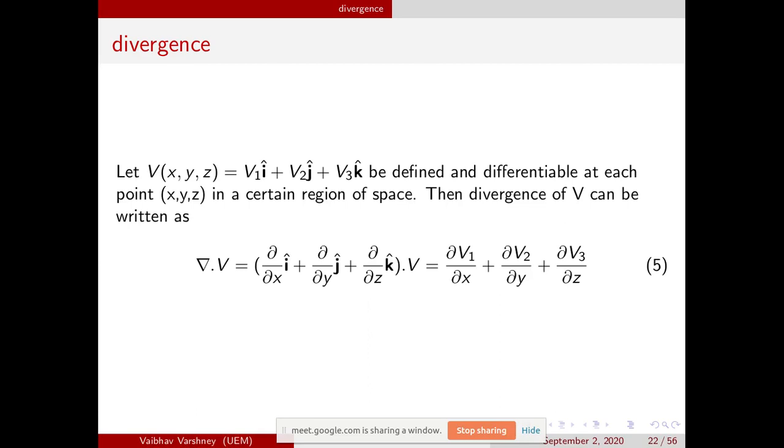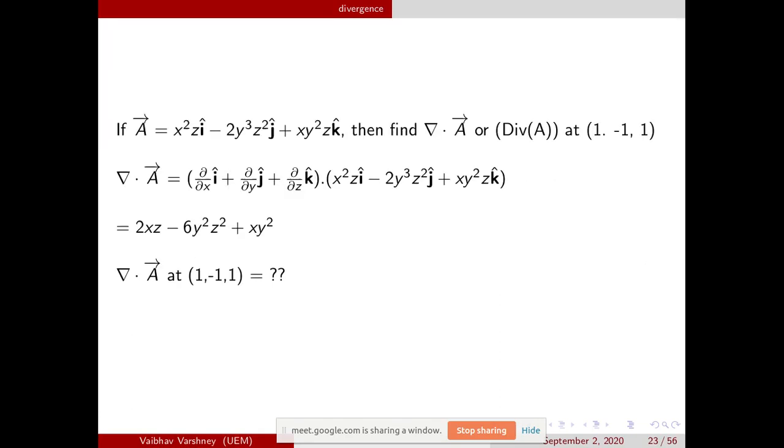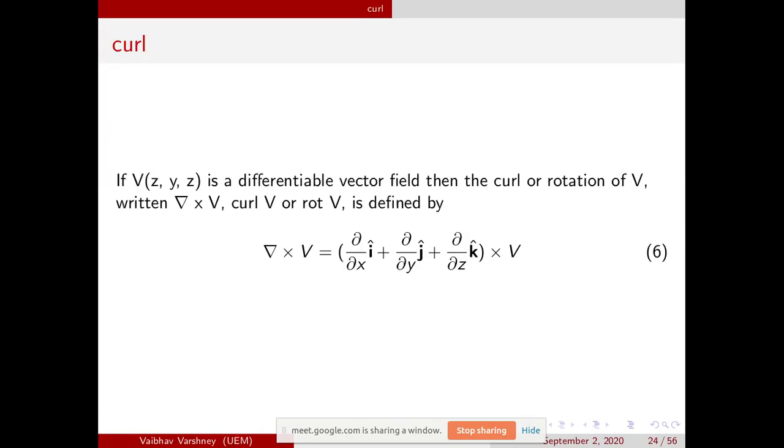So first, you can remember on fingers: the del operator; second, if del operates on a scalar function; third is del operates on a vector function with dot product; and fourth is del operates on a vector function with a cross product, which is called curl.